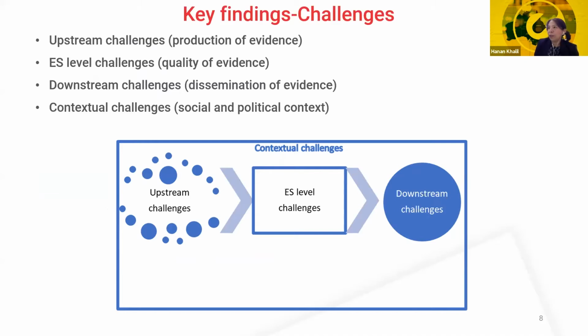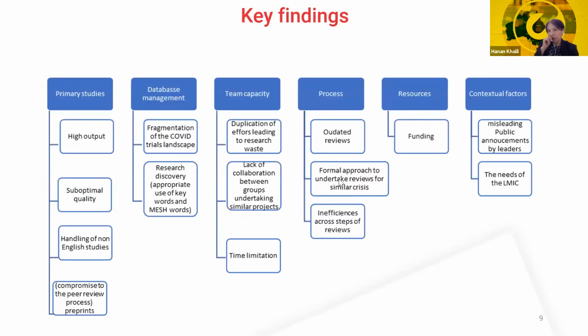There were also some to do with the quality of the evidence produced, the dissemination of the evidence, and the social and political context. I know we don't have much time on this, it's only 10 minutes that I'm presenting here, but this slide pretty much summarizes our findings, and we tried again to subcategorize them into different themes.